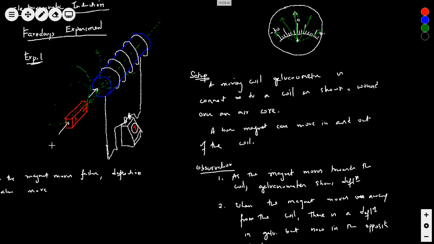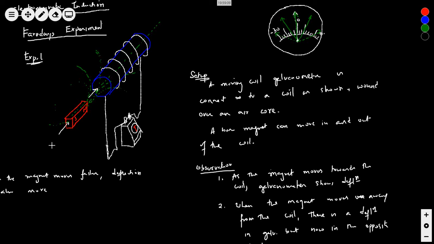The magnet moves towards the coil, the galvanometer shows deflection. That means the magnetic flux linked with the coil is changing, and a current is getting induced in the coil. Whether the magnet is going towards it or away from it, it gives deflection. And when the magnet is not moving, the flux is definitely not changing. No deflection. Simple.